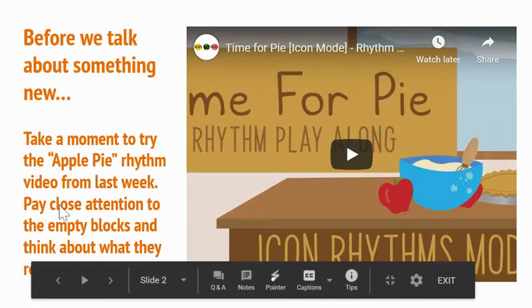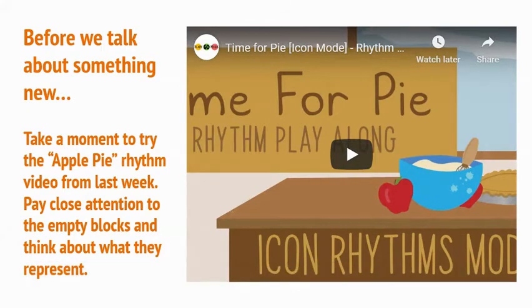So here we go. Before we talk about the new symbols and the new idea of rest, I wanted to start with the apple pie rhythm video that was included in last week's lesson. I'd like to take a moment and just watch part of the video together with you, so we can remember that in the video there were some empty squares, and we can get an idea of what I was talking about earlier when I mentioned silent beats.